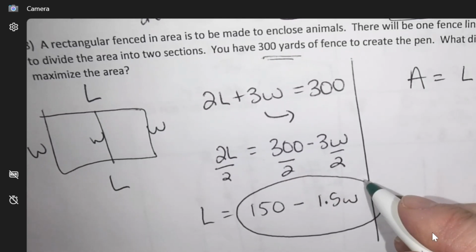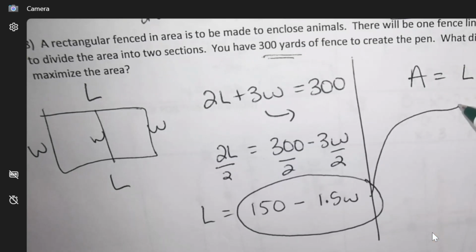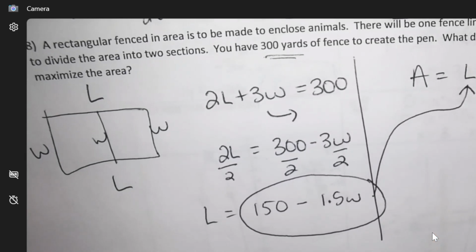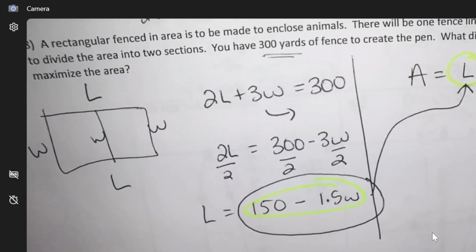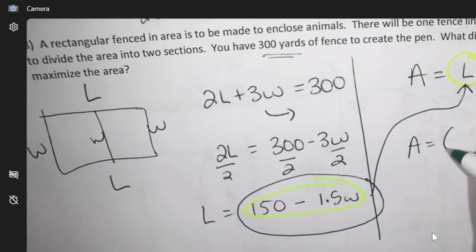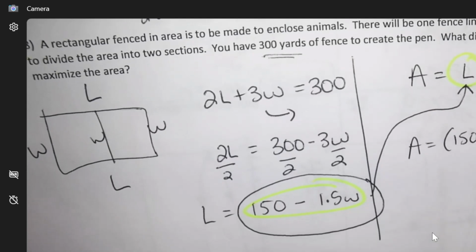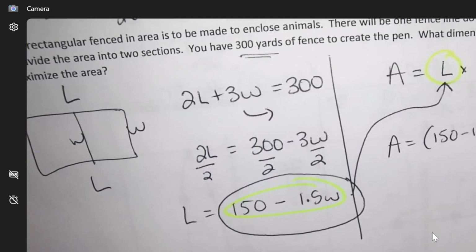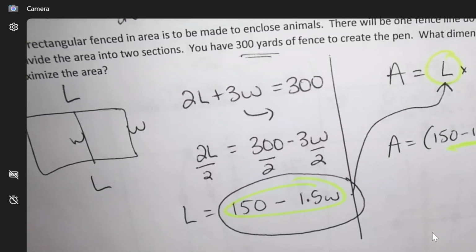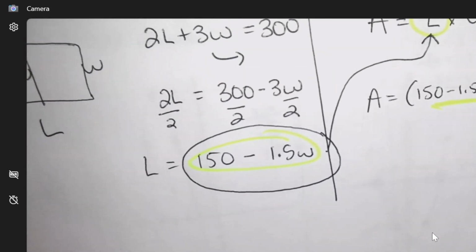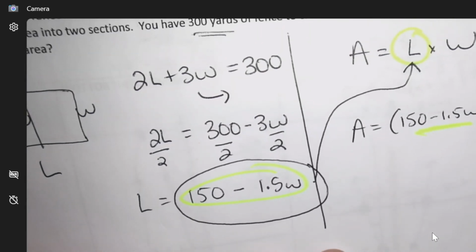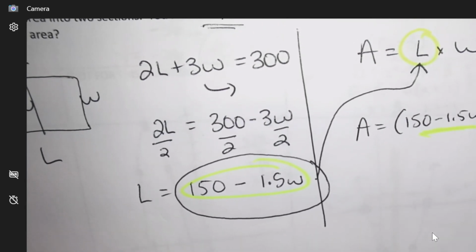Okay, so this is the same thing as an L. So now I'm going to go to the L. So this is L, so I can replace it, right? Okay, so all I did there was make a substitution of an equivalent partner.